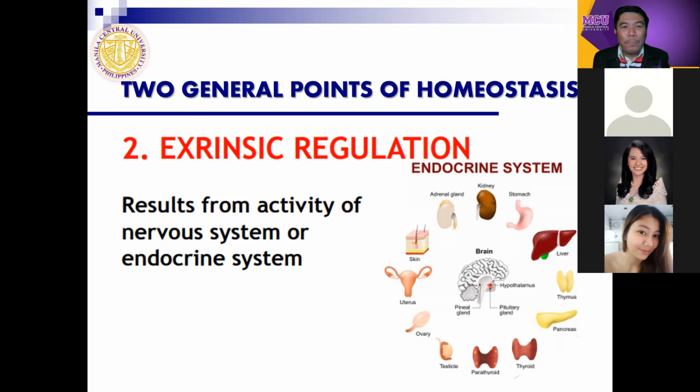Another example of extrinsic regulation, because this is brought about by something that has a cause, unlike autoregulation, which is automatic and a continuous process. Let's face it, you don't have menstruation throughout your life.